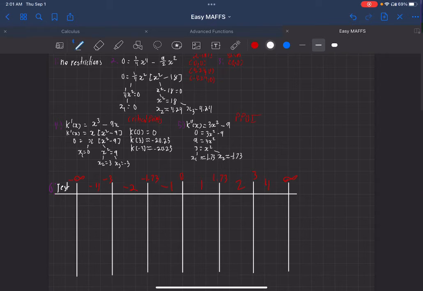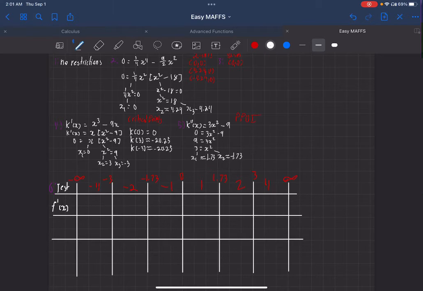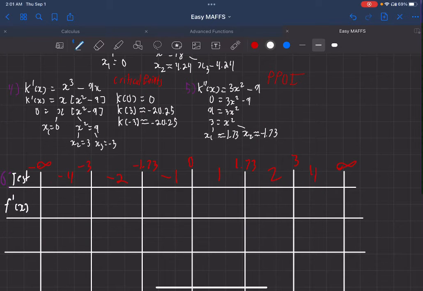All right, so right here, we're going to write our first derivative, so f prime of x. And over here will be our second derivative. Sorry, not f. We're not using f in this case. We're using k. It's still a function, but we're writing it in terms of k of x.